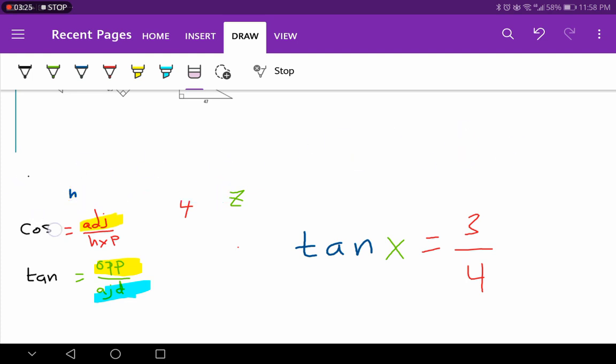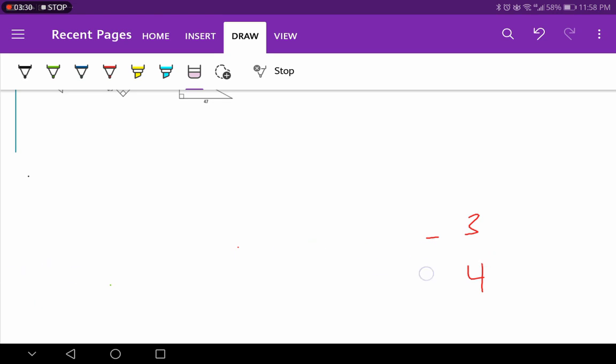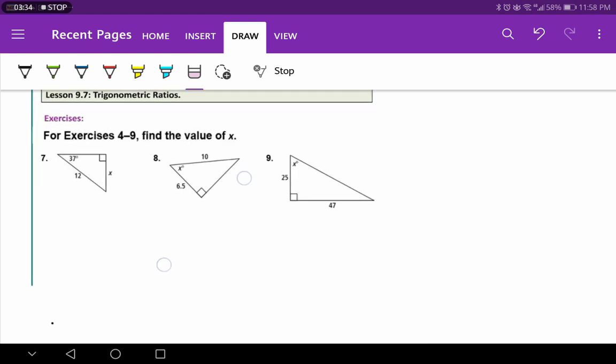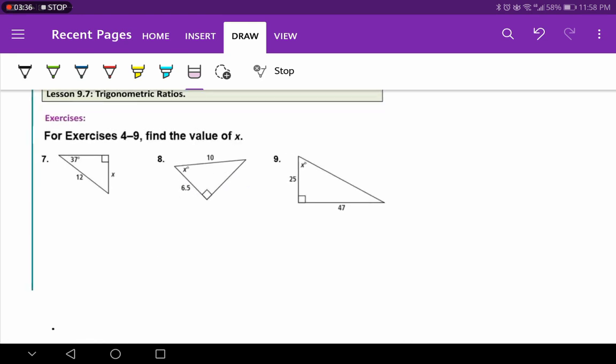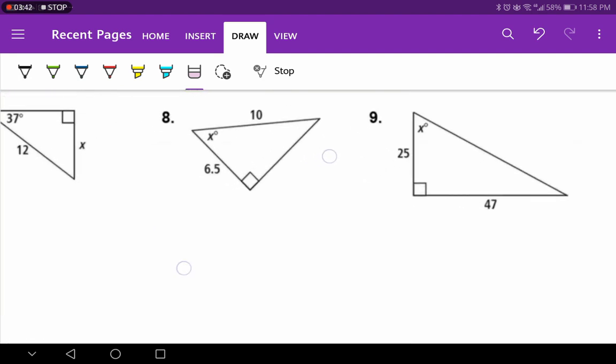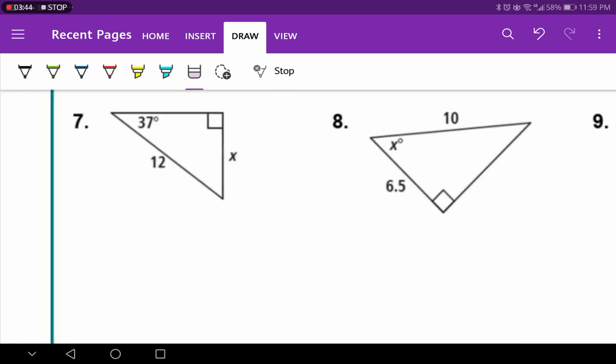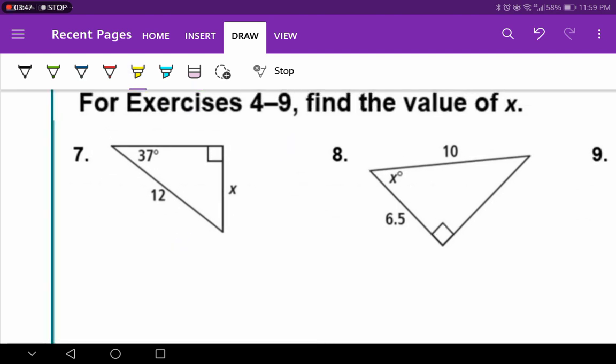Now let us come back and learn how to find the measurement of an angle and how to find the side by using an angle. For example, here he asked me to find this x by using this angle.